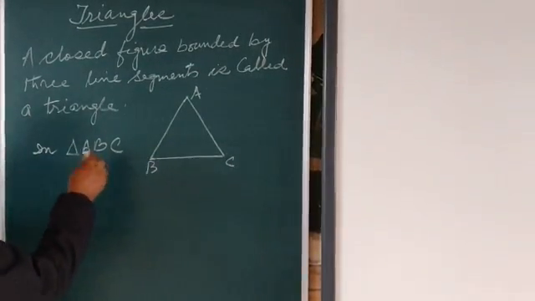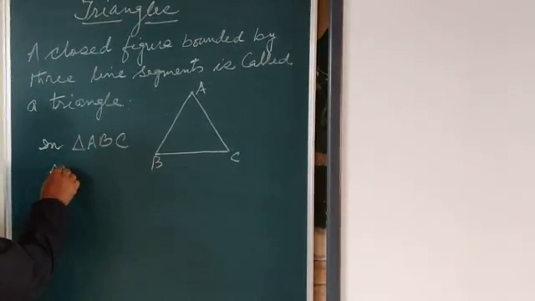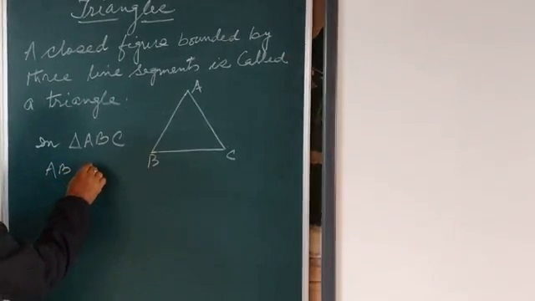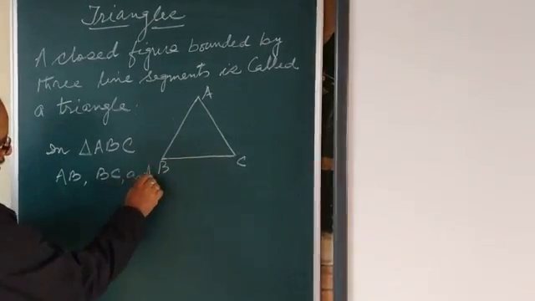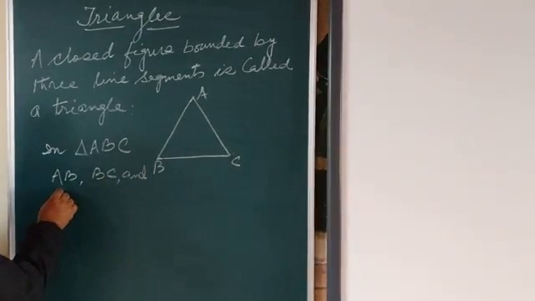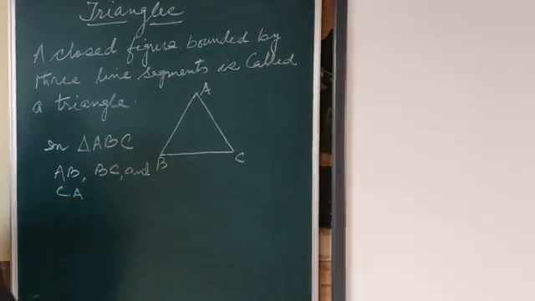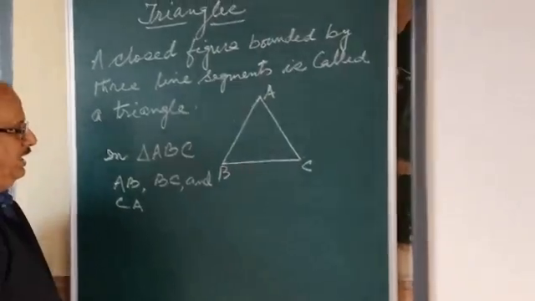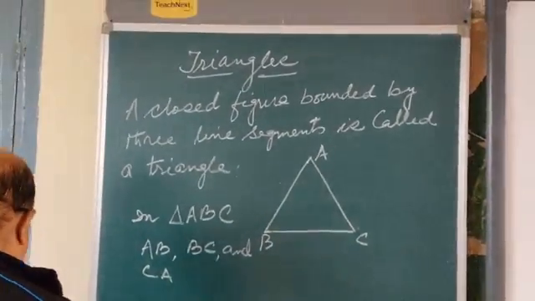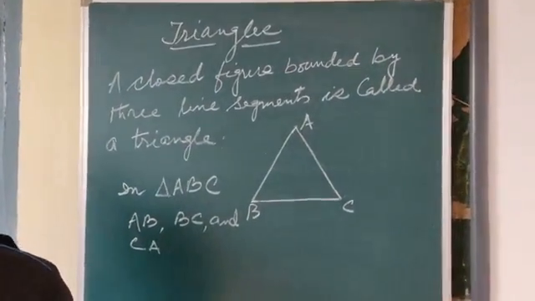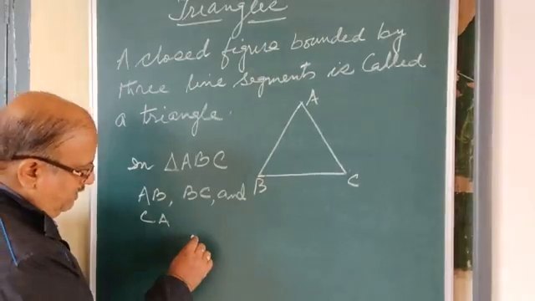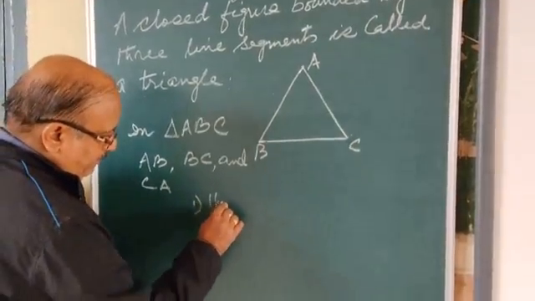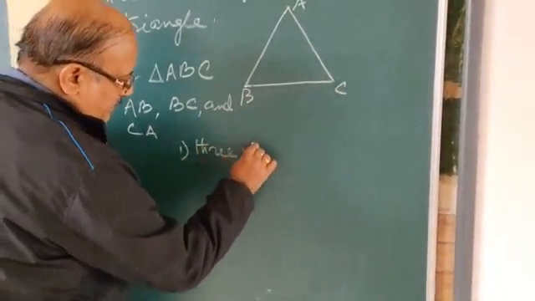We have three line segments, namely AB, BC and CA. They are called the three line segments of the triangle. Now a triangle has, number one, three vertices.